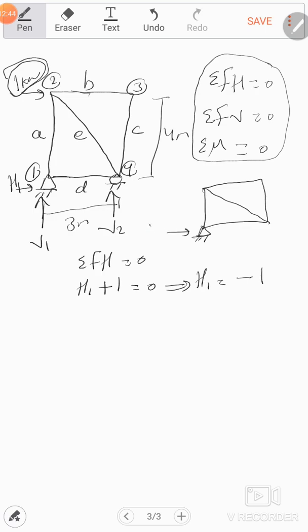This is the H1 that I found, equal to minus 1. If you want to put it in the drawing, be careful with the sign. If you draw it in the positive x direction, you substitute minus 1. If you change the direction to the negative x direction, you should substitute only 1. No need to draw minus 1; this is wrong. It should be 1. So be careful with the sign.